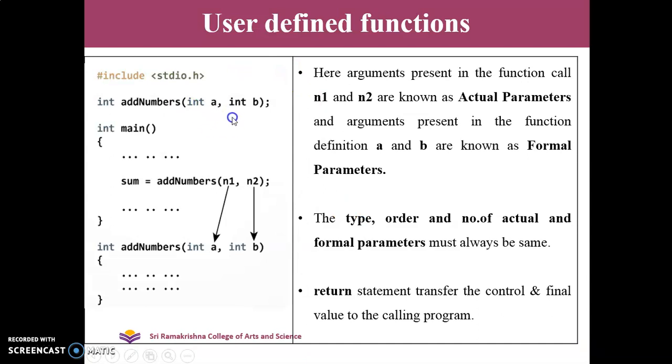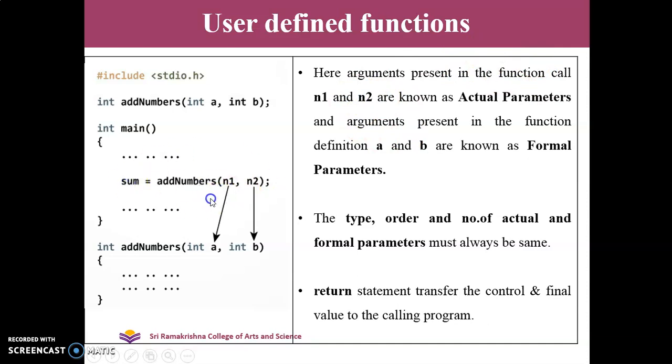We have discussed arguments and parameters. In a user-defined function, there are two types of parameters: actual parameters and formal parameters. The arguments present in the function call are known as actual parameters.